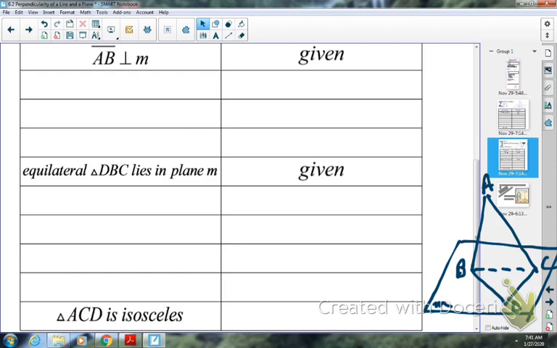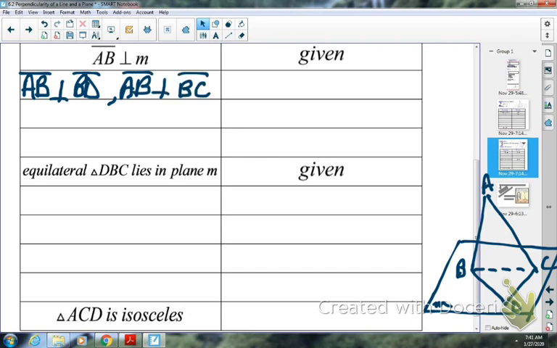So the first given said we have line AB perpendicular to plane M. So again, if a line is perpendicular to a plane, then it's perpendicular to every line in the plane that passes through the foot. So in this particular picture, we can state that segment AB is perpendicular to segment BD, because again, it goes through at B. And we can also state that segment AB is perpendicular to segment BC.